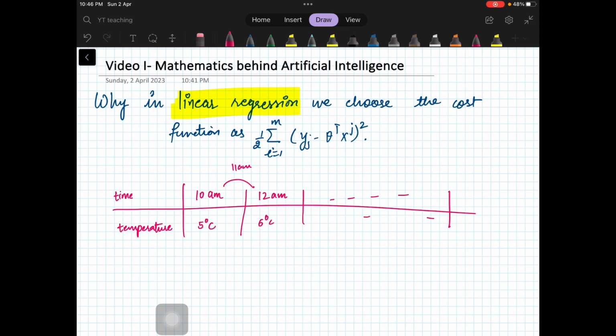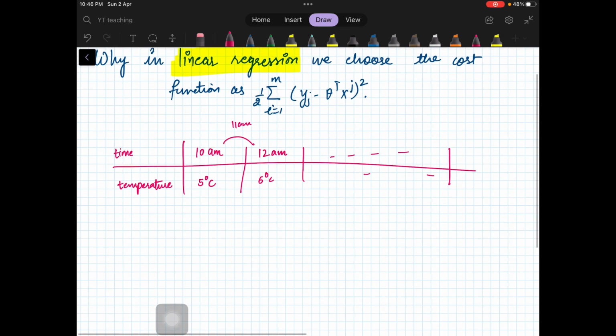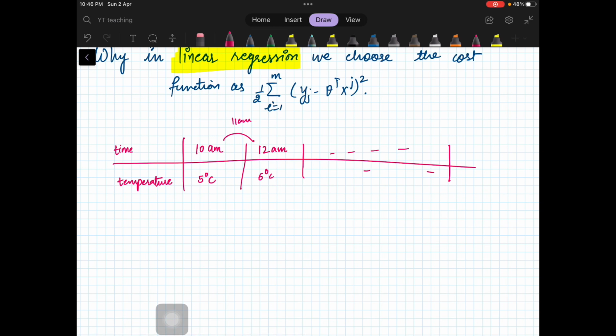So this is a very important problem in machine learning. For example, depending on the number of bedrooms, the house price is there. So you have the number of bedrooms, and then you have the price of the house.